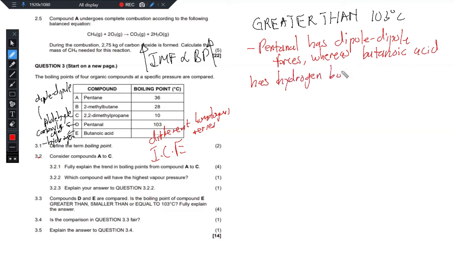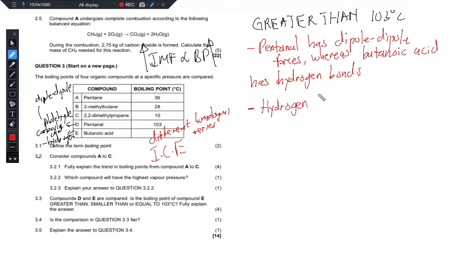Now, this should be able to give you 2 marks because you have identified that pentanal has dipole-dipole forces and butanoic acid has hydrogen bonds. So this statement alone should be able to give you 2 marks, right?